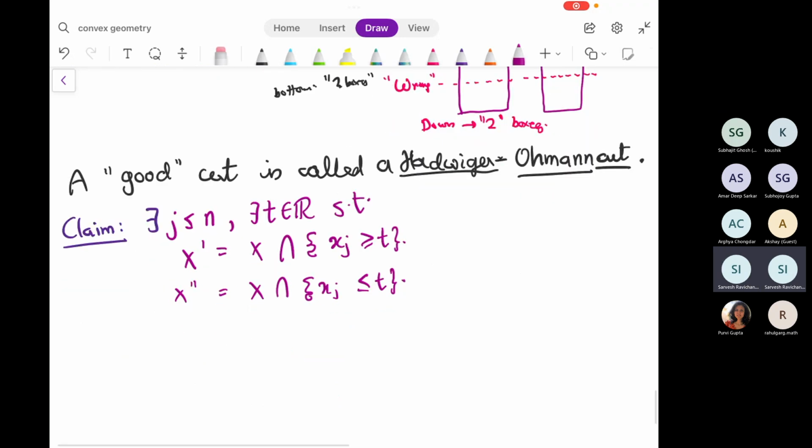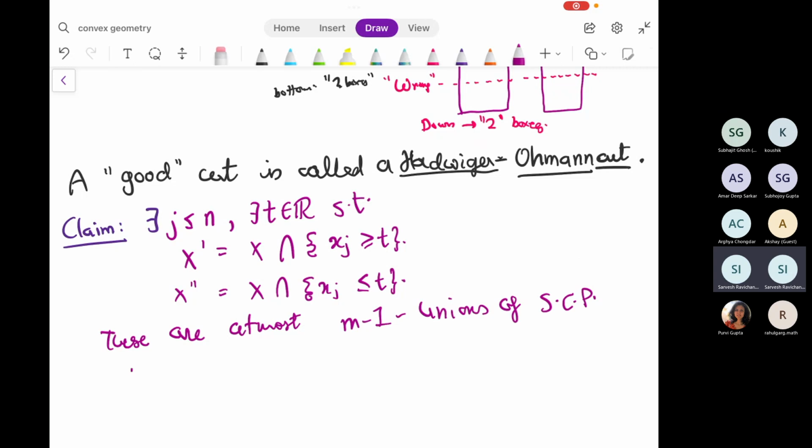These are at most m-1 unions of standard closed parallelepipeds with disjoint interiors.